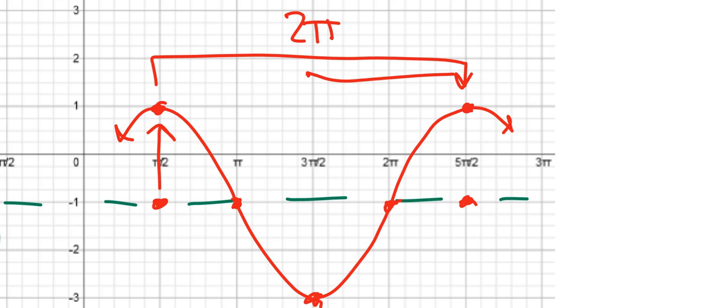If you look at this picture, if I asked you to write this as a cosine function, could the point that I circled in blue be called HK? Yes or no? Yes, it could be.